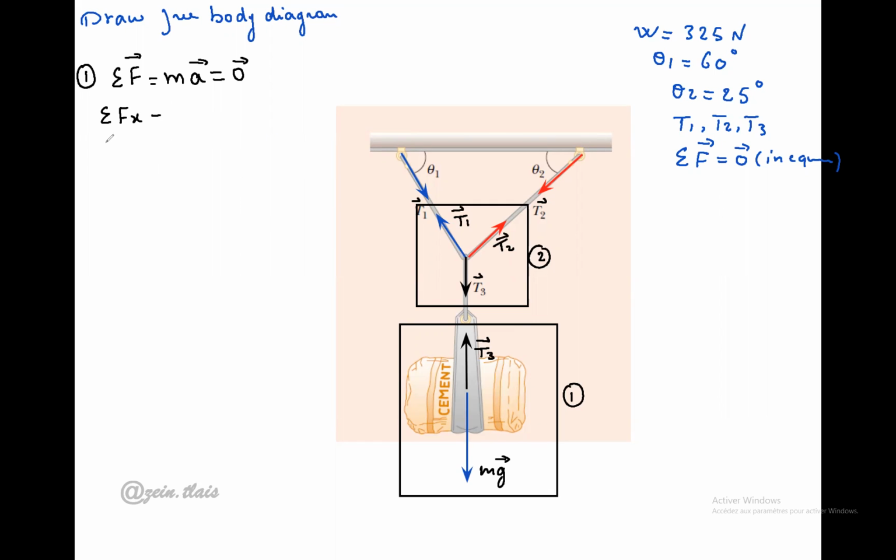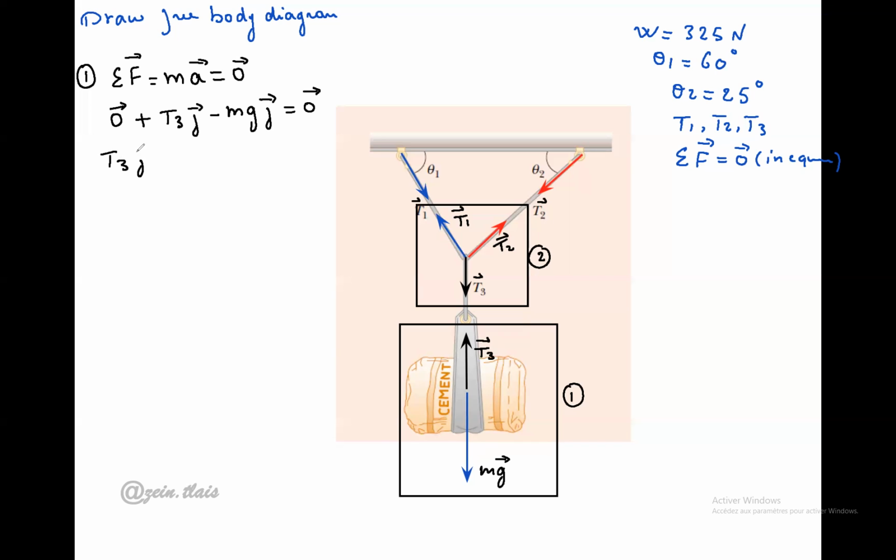Anyway, I like to write Fx and Fy. Here we have nothing about Fx, but about Fy. T3 is up, so T3 j. Mg is down, so we put its magnitude and minus j, equals 0.